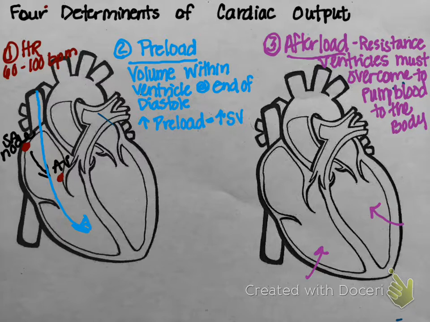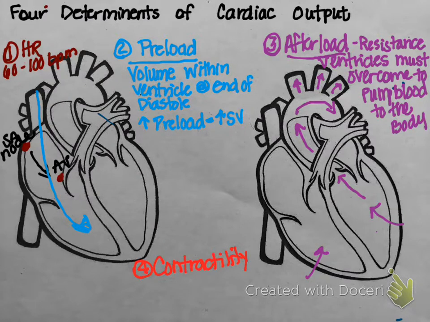The ventricles are pumping the blood out to the rest of the body. All right, so you got your afterload that pumps the blood to the rest of the body.